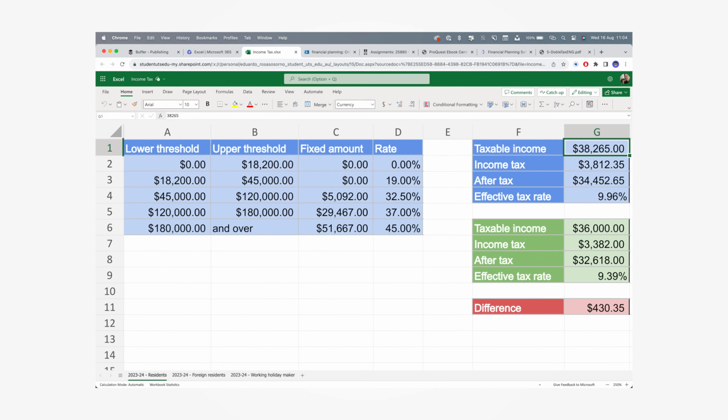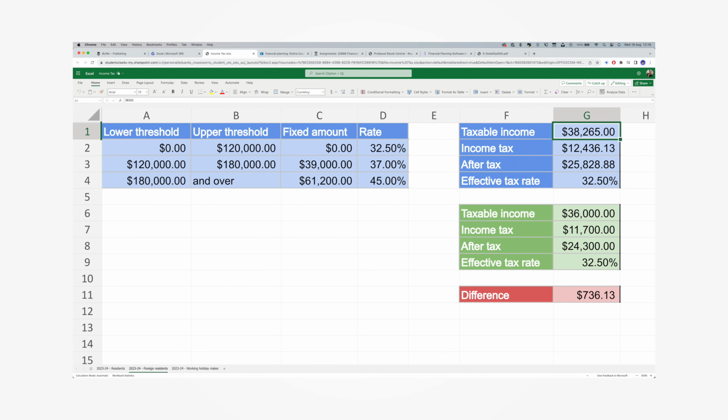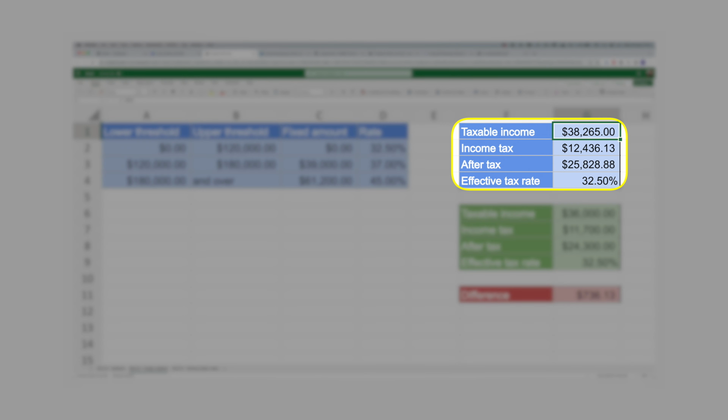So anyway, let's take the same amount of money that we calculated before, $38,265. Where a resident would have paid an effective tax rate of 9.96%, a total of $3,812.35, a foreign resident would have paid an effective tax rate of 32.5% for a total of $12,436.13.